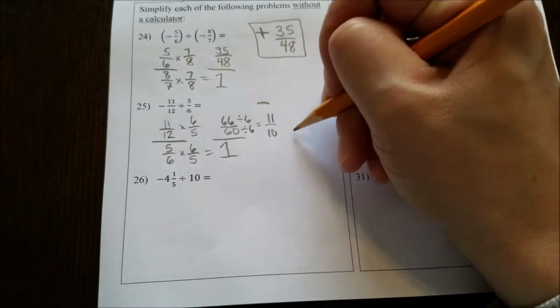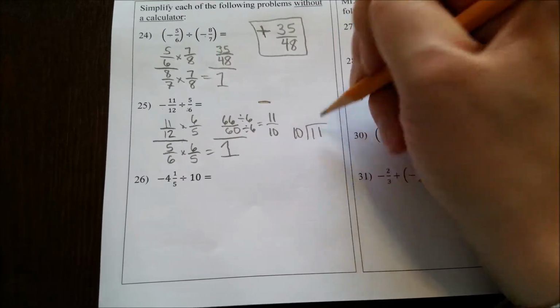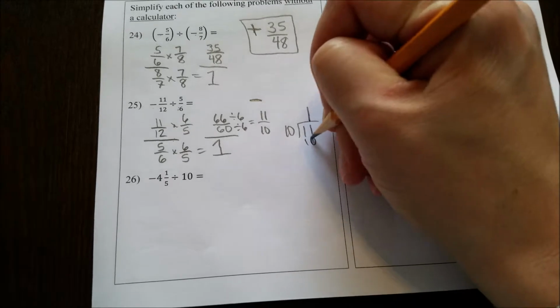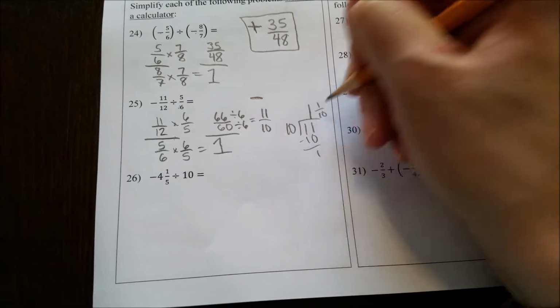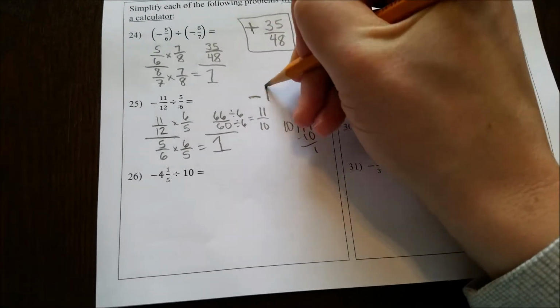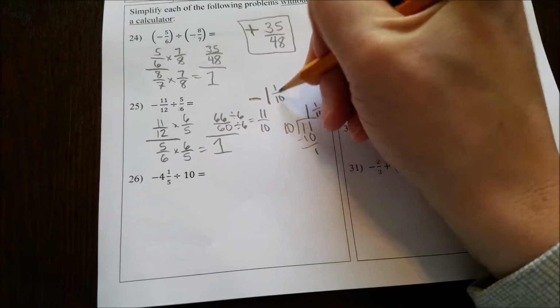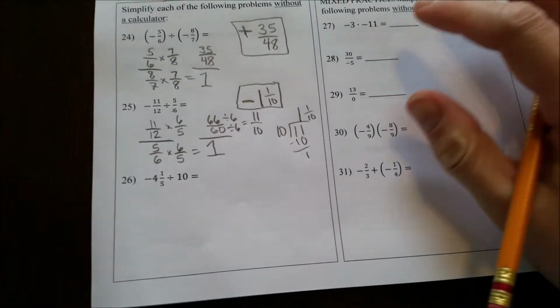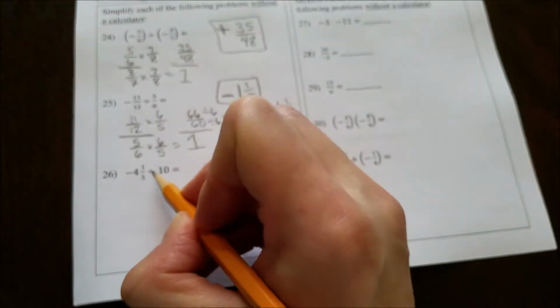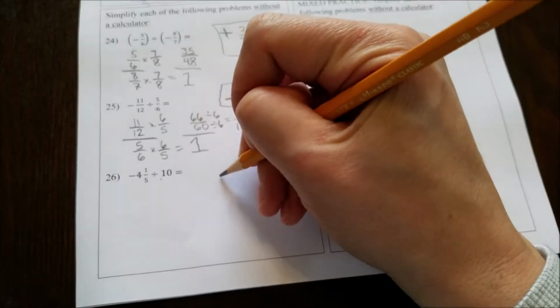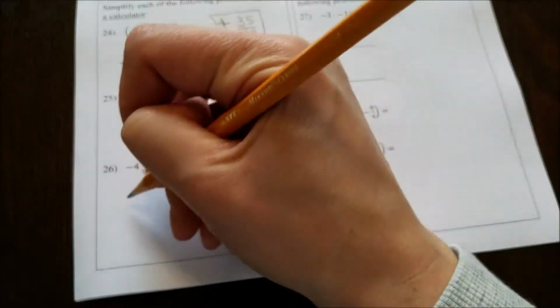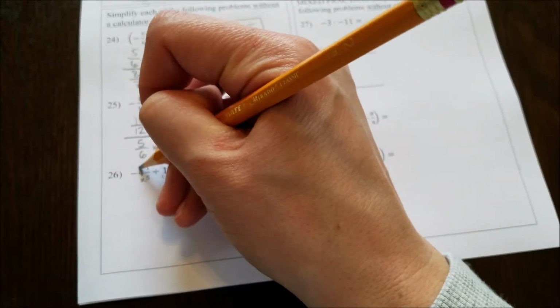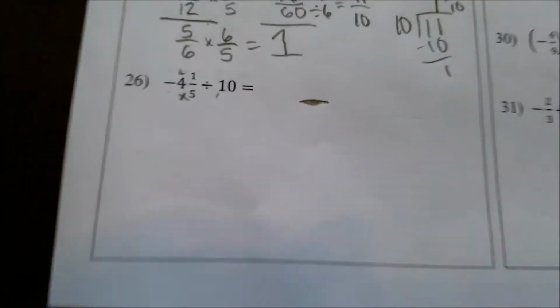This is improper, so I need to divide. 10 goes into 11 once, with 1 left over. And because I put the negative here, it reminds me we're going to have a negative 1 and 1/10 as our final answer. And then on this last one, once again, negative divided by positive, so I know my final answer is going to have a negative in it. And I'm going to go ahead and change this right away into an improper fraction.